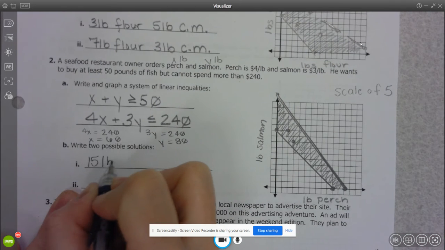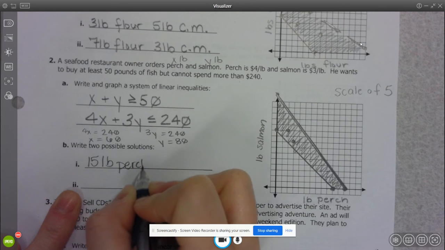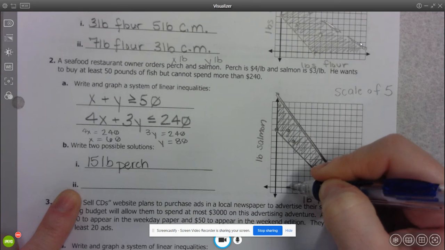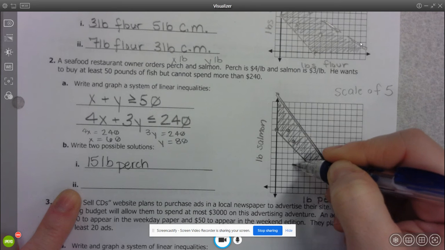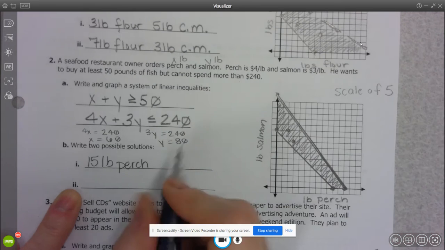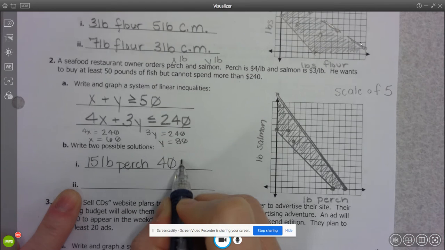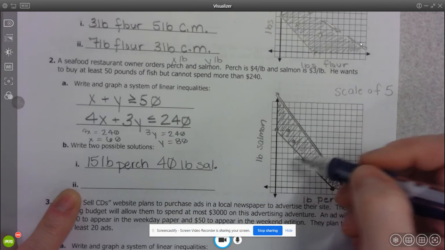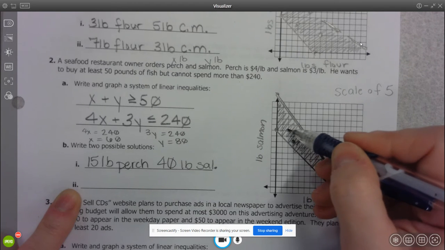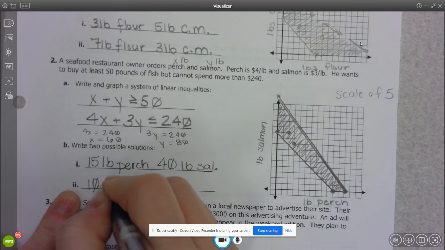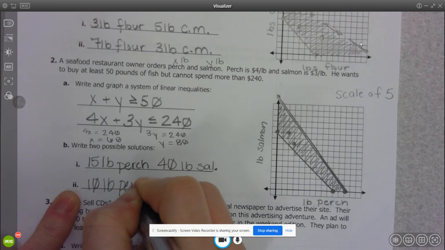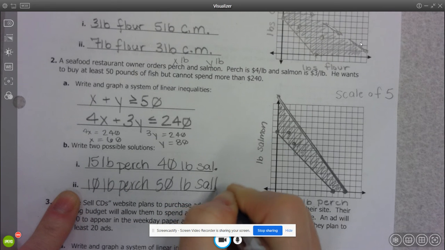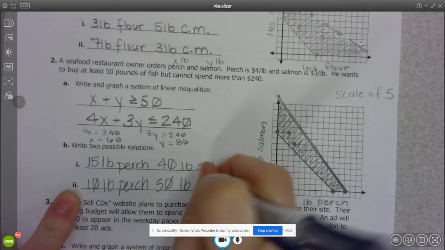So I would have 15 pounds of perch and 5, 10, 15, 20, 25, 30, 35, 40 pounds of salmon. Then for this one, we'd go over 5, 10. So that's 10 pounds of perch and 50 pounds of salmon. Oops, only one L.